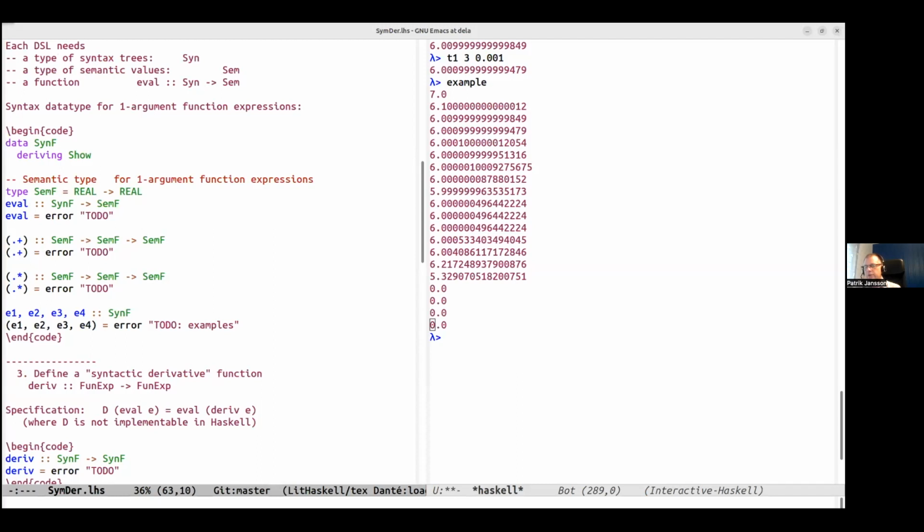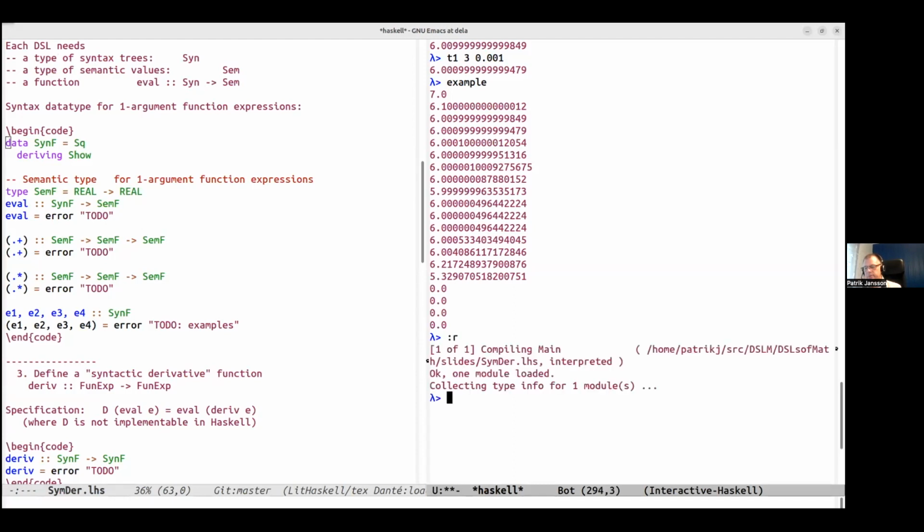Okay, so I will start filling in things here. Just to be concrete, what's an example of a syntactic function? Well, we could have the function squaring. If we say that the only function we're interested in is the squaring function, then there's just one function that's called squaring.